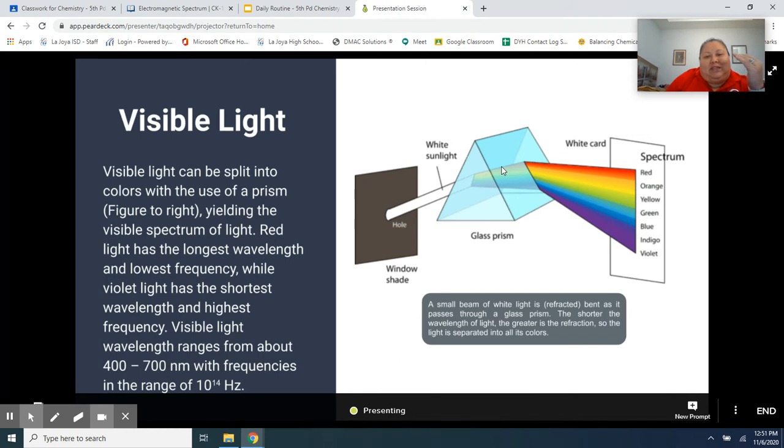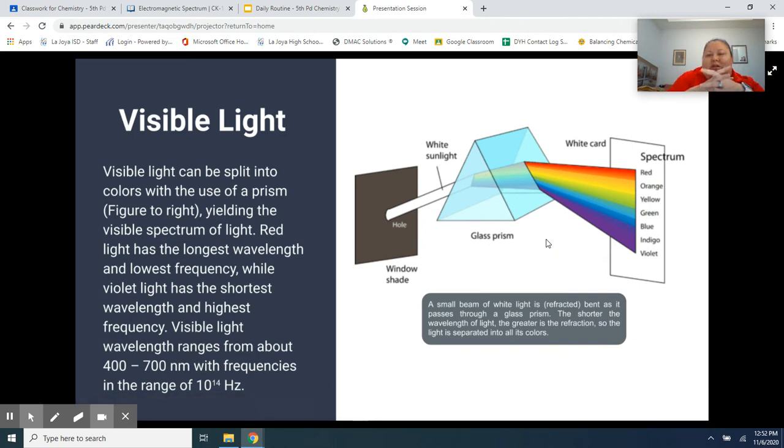You can bend the light so that you can see the colors of the rainbow. I don't know if you've ever gone into your vehicle and there's some light coming in and all of a sudden you see a little bit of rainbow in your vehicle. That's because the glass that the sun is shining on is bending the light so that you can see those colors of that rainbow. Okay?